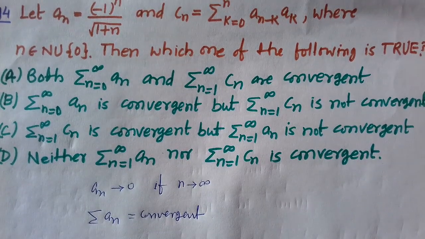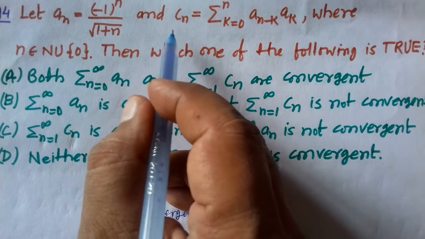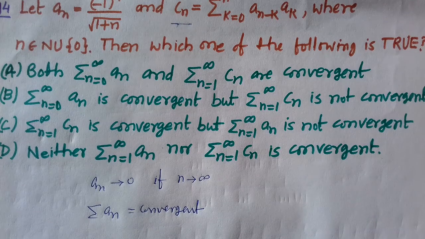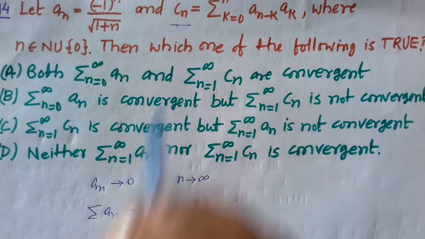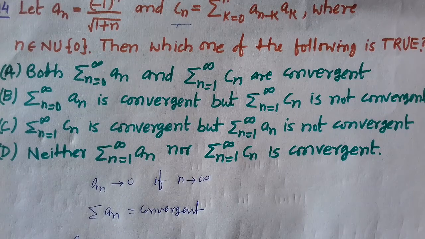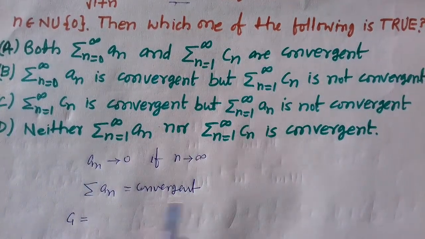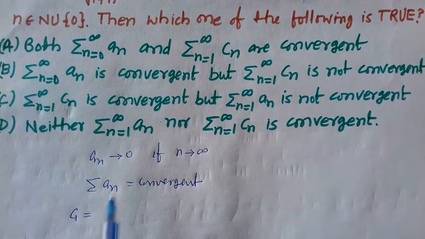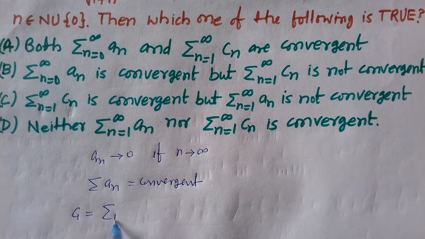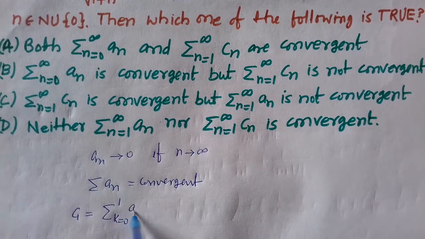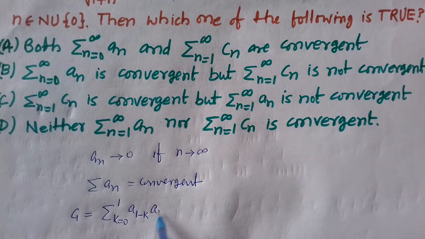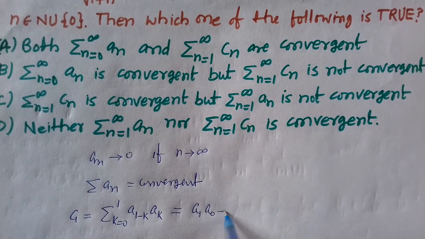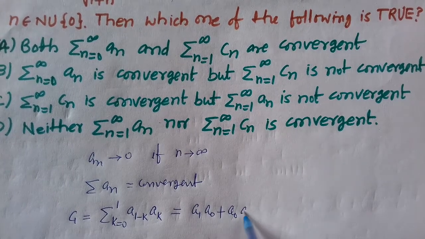Now let us go for Cn. Let us see some terms of this sequence. C1: we put n equals to 1. Then this will be the sum over k equals 0 to n of a_(1-k) into a_k, so this will be a1 a0 plus a0 a1.